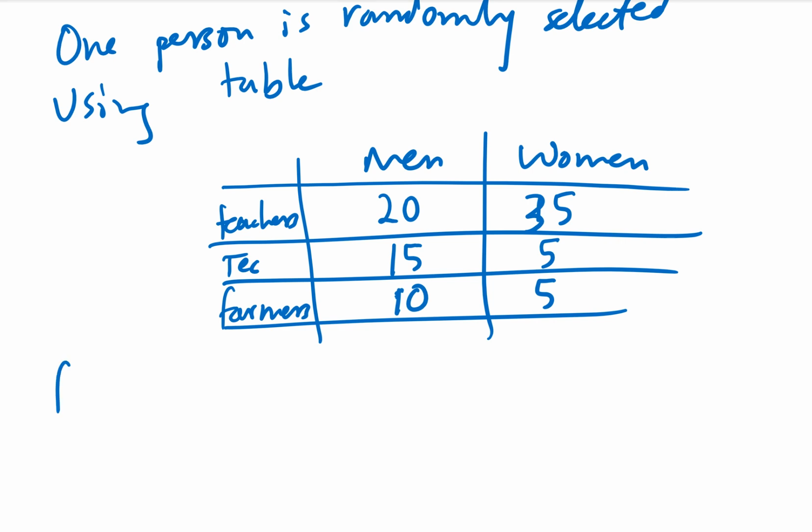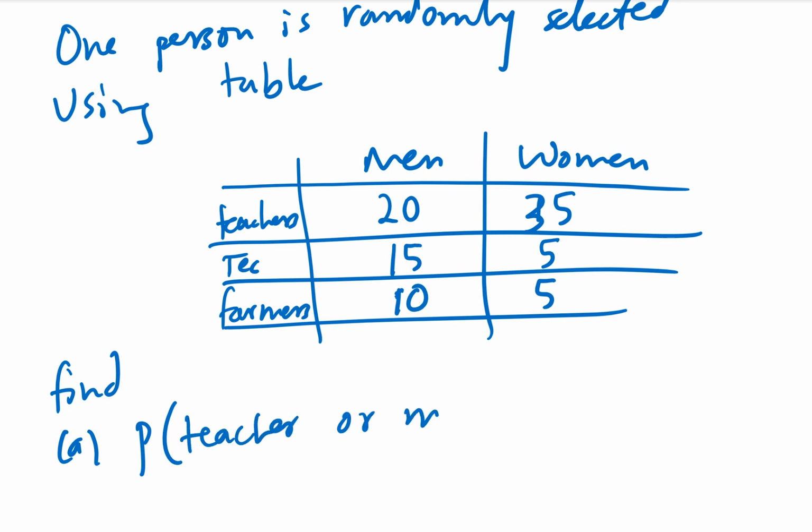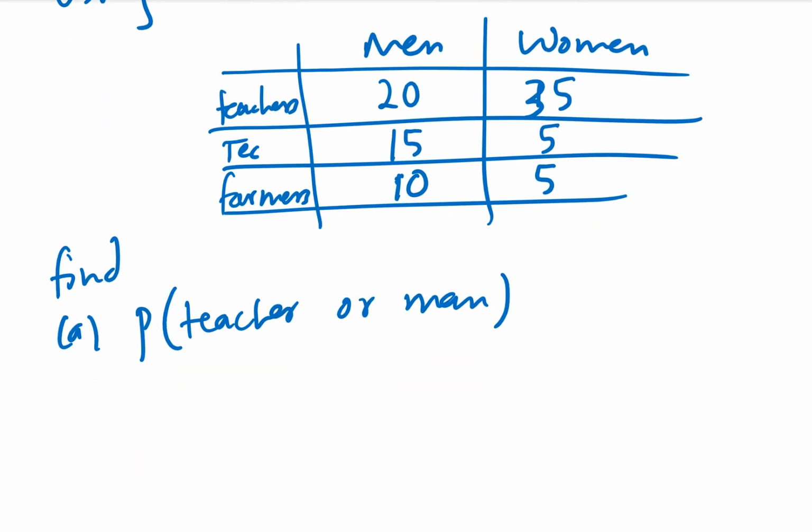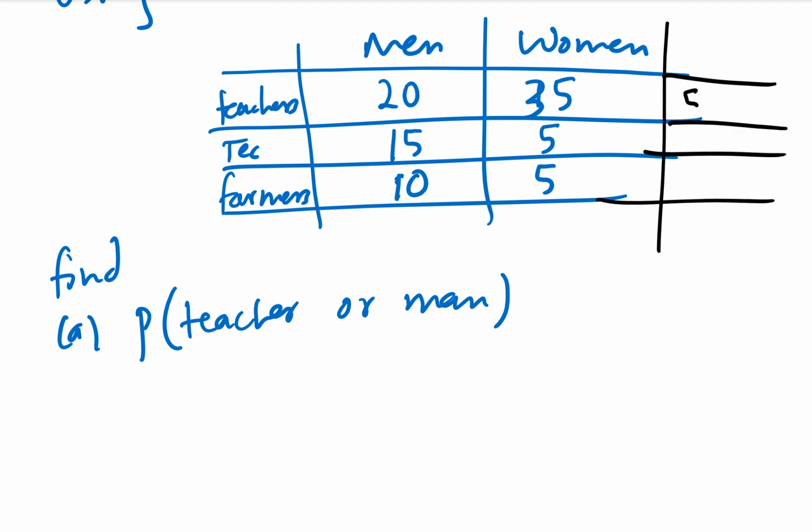So find the probability that the person is a teacher or man. Teacher or man. So here we need to find totals on this side. This is 55, that's 20, that's 15.